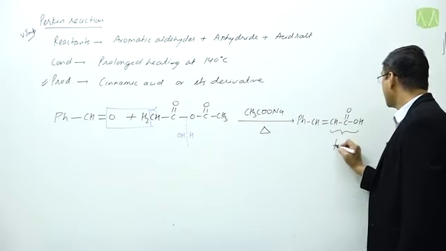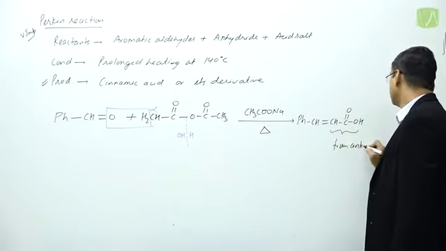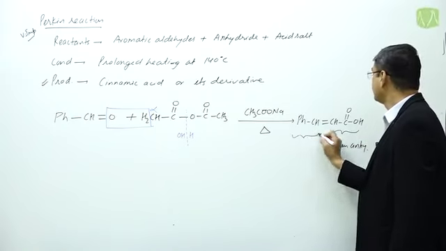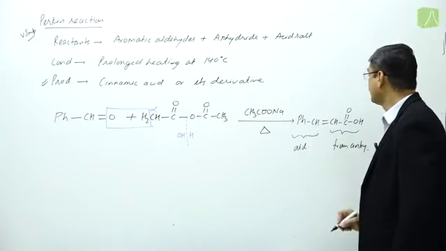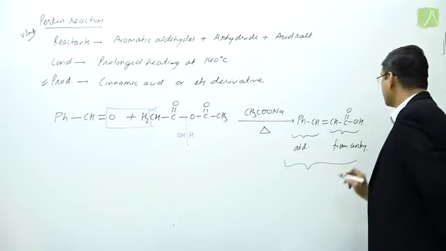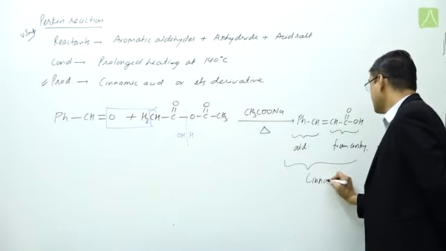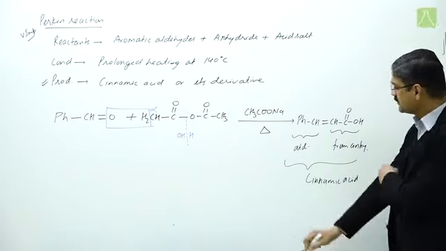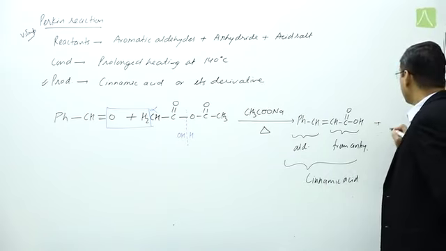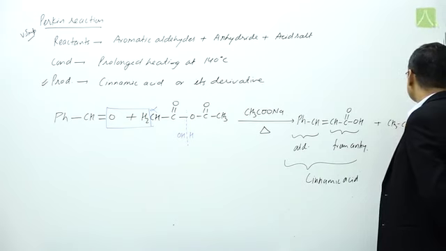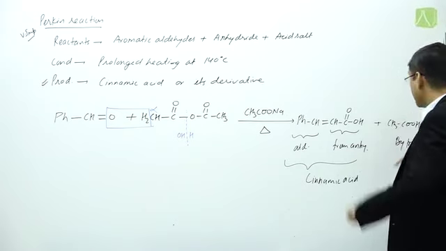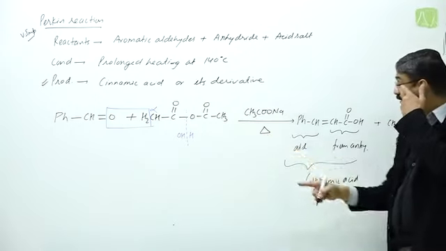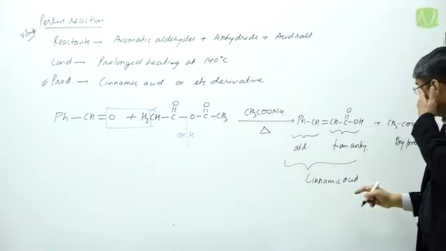This is from anhydride and this is from aldehyde, and combined, this compound is known as cinnamic acid. This is the product. The byproduct is acetic acid. So acetic acid is the byproduct and cinnamic acid is the major product.